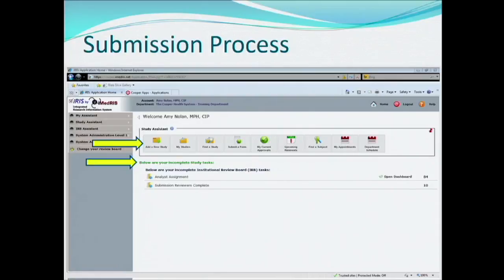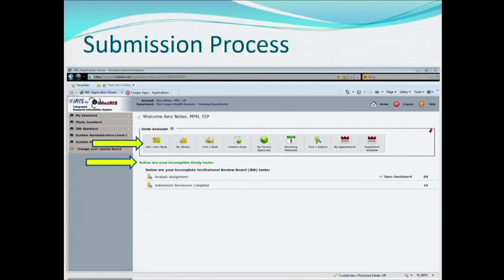While we're still on this page, I want to point out this second arrow here, where it says below are your incomplete study tasks. We recently had an upgrade, and this is where you'll find any of the tasks that you need to complete.